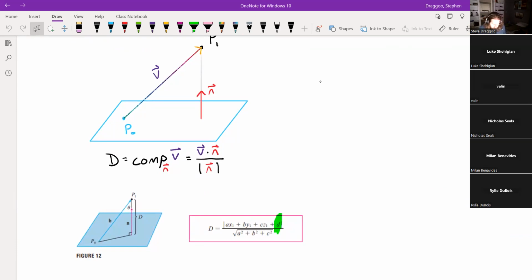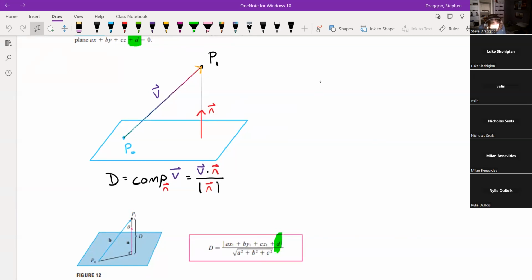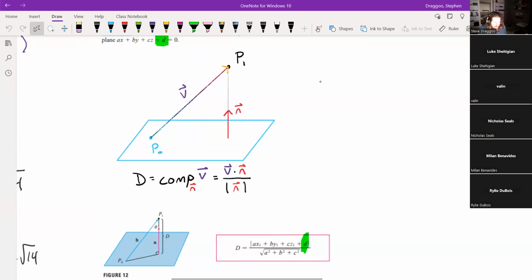But this thing can still work. And the nice thing about it is that if we just look at v dot n, which is PQ dot n, that is (a, b, c) dotted with (x, y, z) minus (a, b, c) dotted with (x1, y1, z1), which is just the normal vector dotted with the point. And then d is just what we'd get if we plug any point on the plane into the plane equation, which is why that thing works.